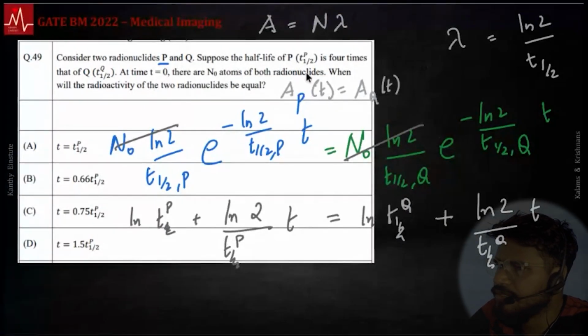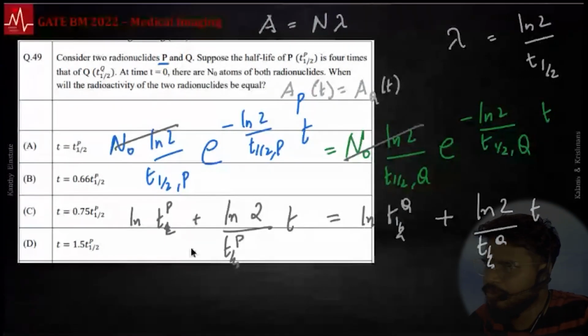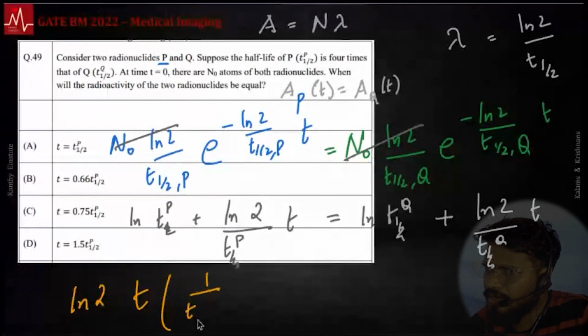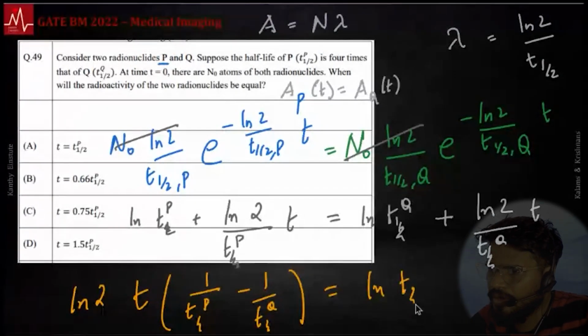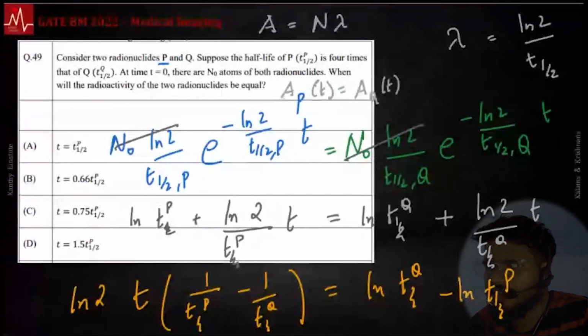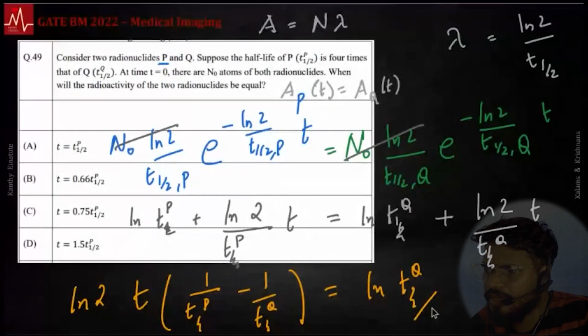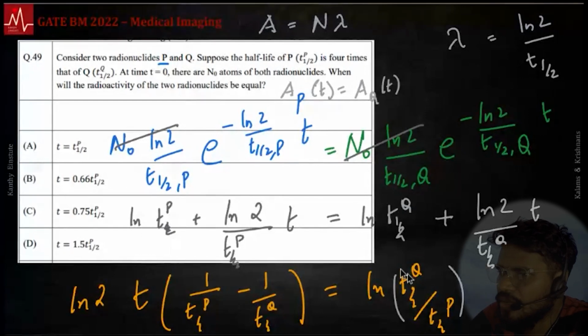What is also given is that T half of P is 4 times T half of Q, so we know the ratio: T half of Q is 1/4 of T half of P. So what I have here is T with a common factor of ln 2, times 1 by T half of P minus 1 by T half of Q, equals ln T half of Q minus ln T half of P. I can write this as ln of T half of Q by T half of P. How much is this ratio? It's 1 by 4, so this is ln of 1 by 4.